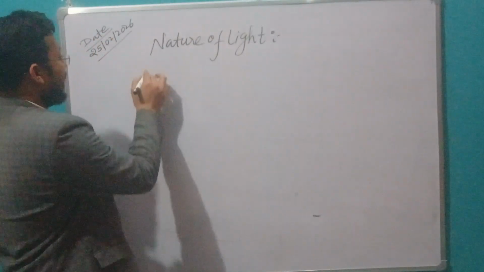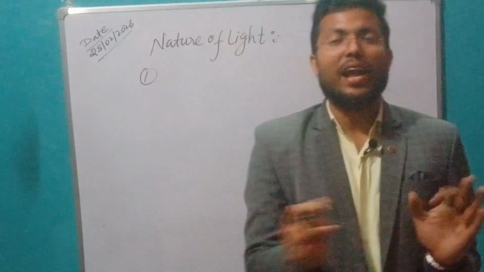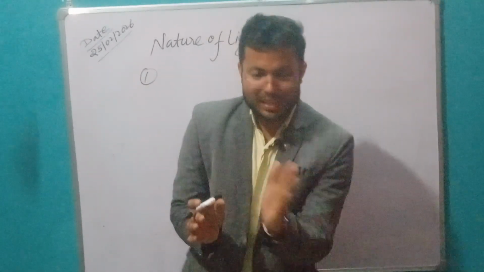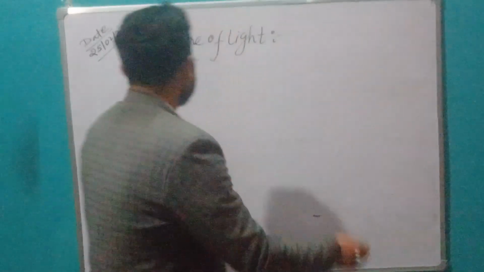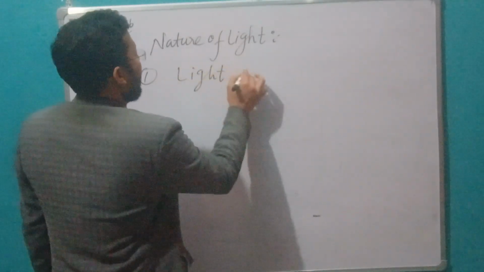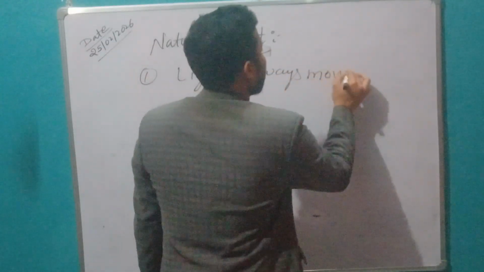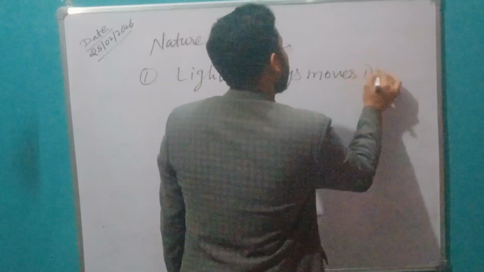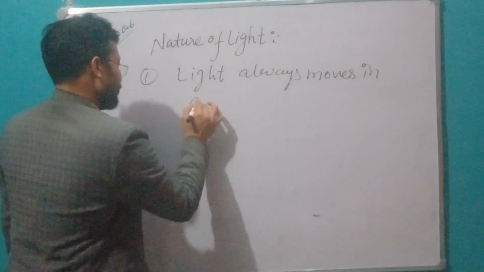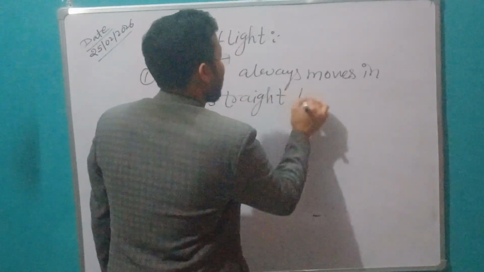The first thing is that light always travels in a straight line, never in a zigzag motion. Light always moves in a straight line.